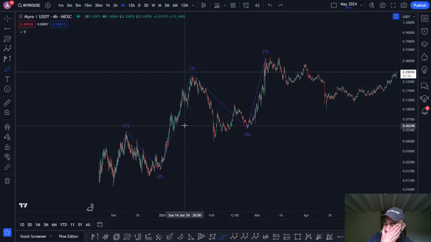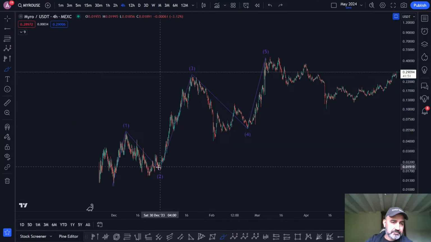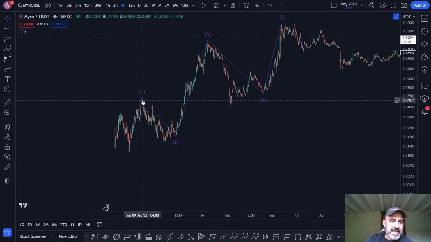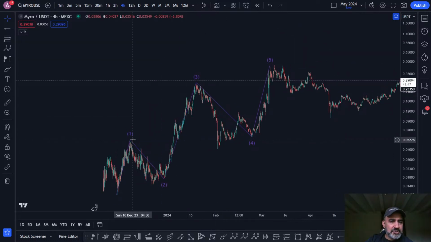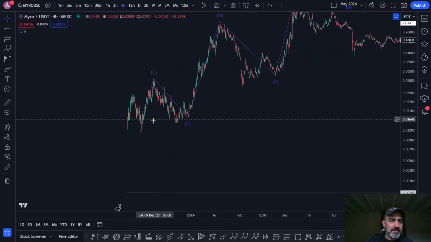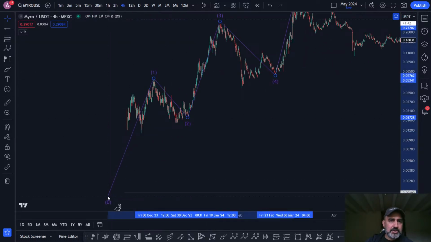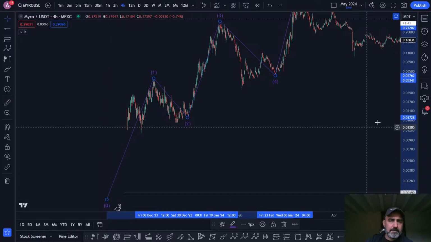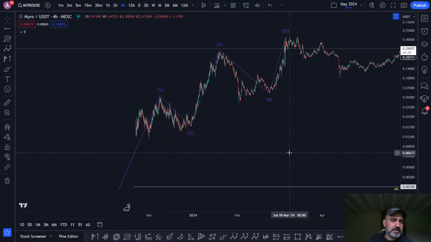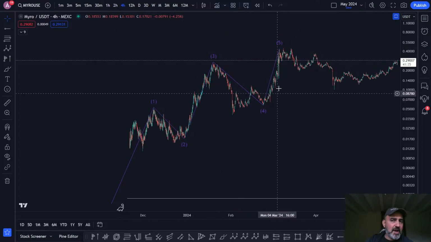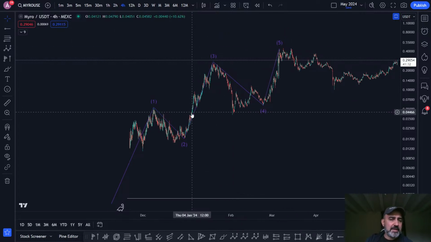That's not my rules, someone else's. What that means is that if you get price action where this 1 is actually longer and 3 is shorter, that means 5 has to be shorter than 3. Has to be.